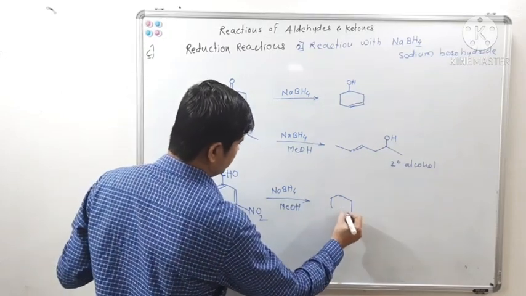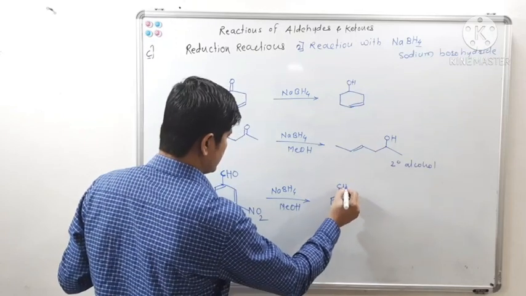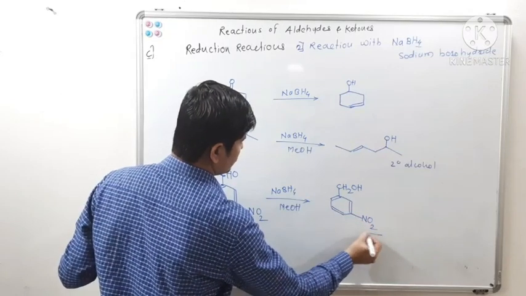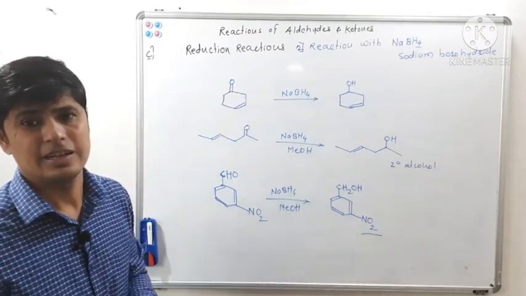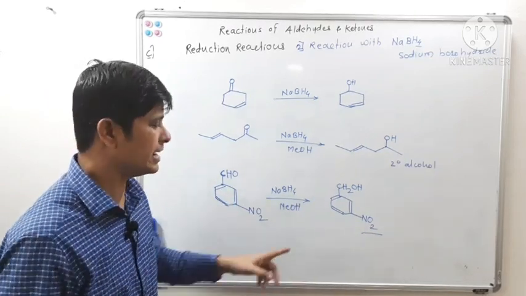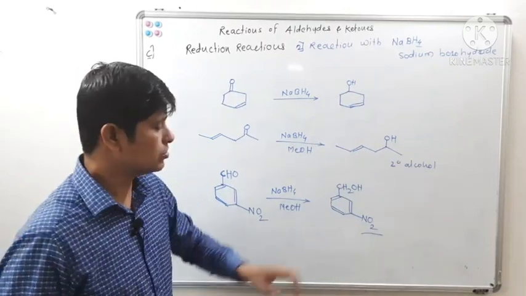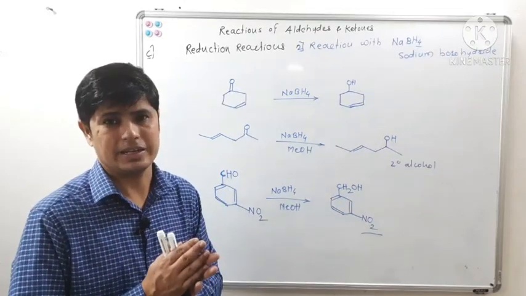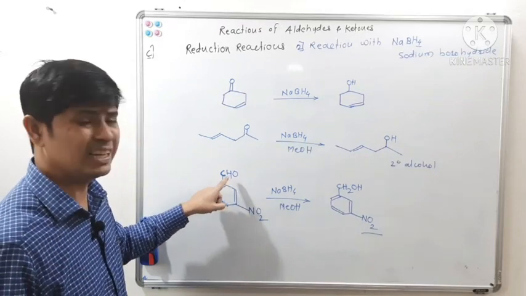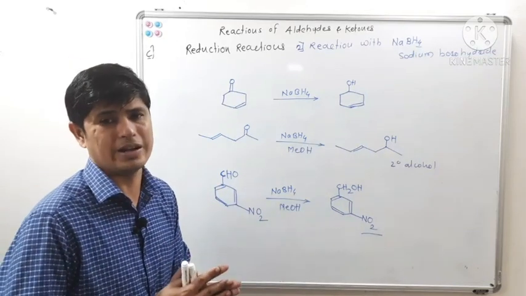You will get this product, isn't it? The nitro group will remain unaffected, whereas in the case of lithium aluminum hydride the nitro group got reduced to NH2 functionality. So here the nitro group will remain unaffected, and only the aldehyde functionality will be reduced. So this is the reactivity of sodium borohydride.